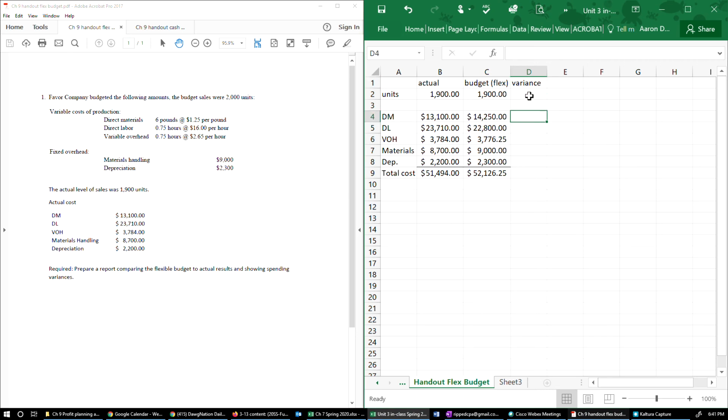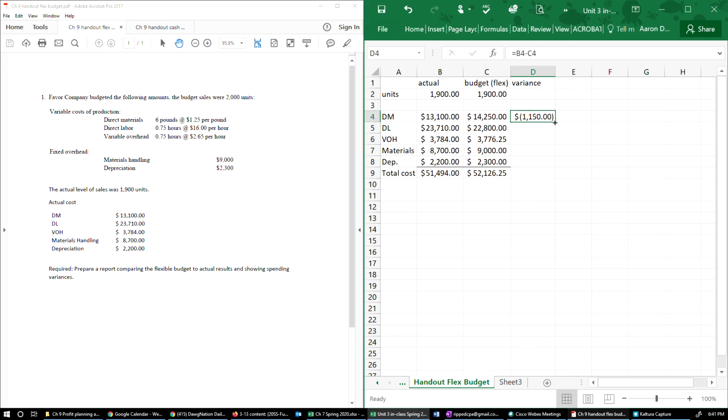And there would never be a variance for units between the flex and the actual, because by definition you're going to take the actual level and then use it to determine the flex budget. All right. So we're going to take actual less the budget. All right.